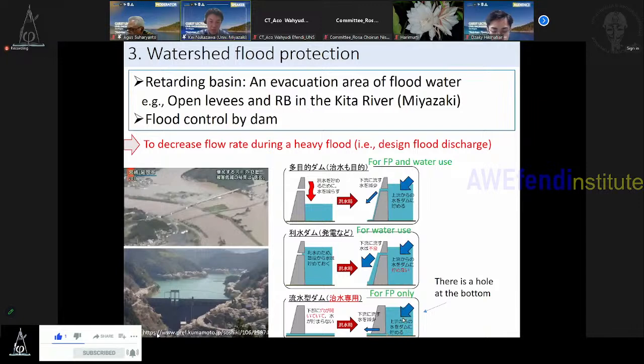The large amount of water is stored in the reservoir, and only a smaller amount of water flows to downstream. So it is actually the same as the flood protection of the multi-purpose dam. This is a new dam for only flood protection.